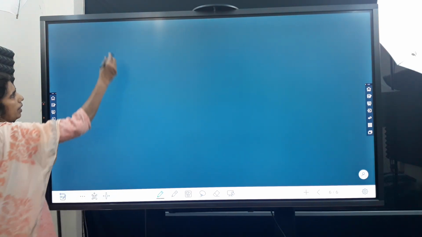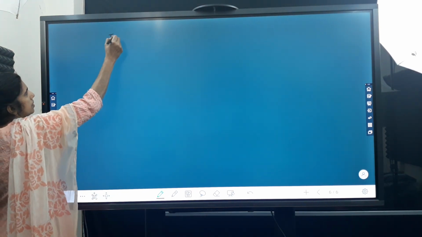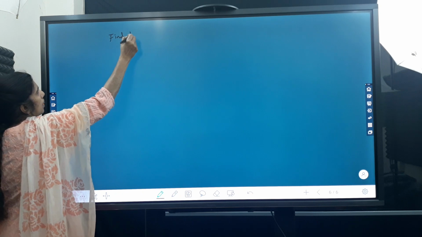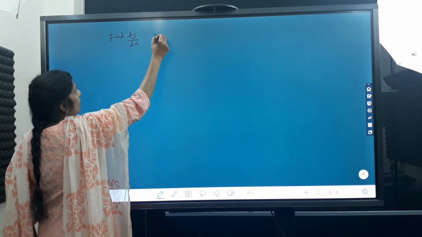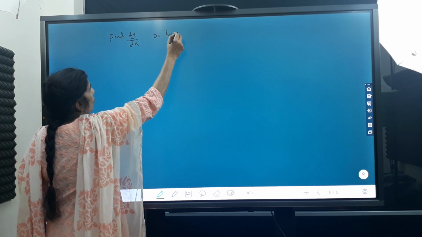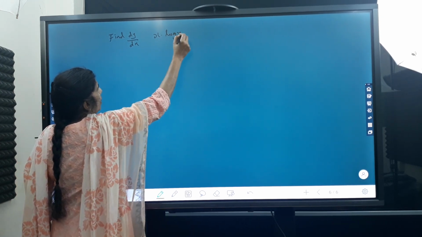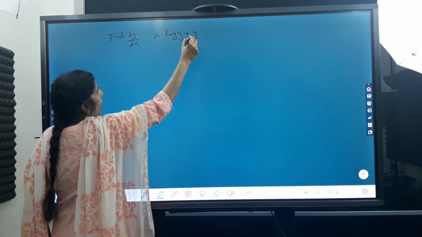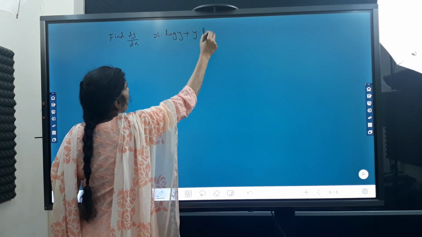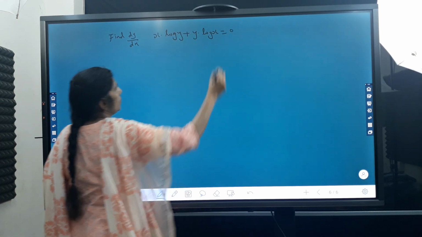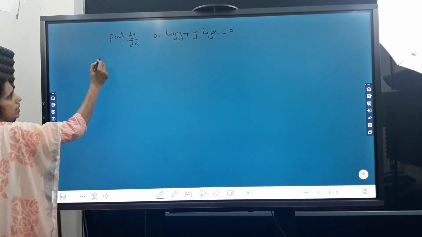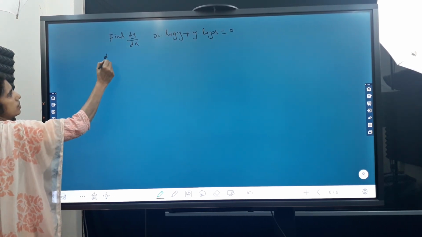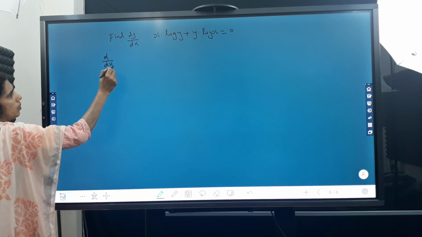Let us see one more example from this. Find dy by dx, x into log y plus y into log x equal to 0. So since it is an implicit function, we take d by dx on both sides of the equation.